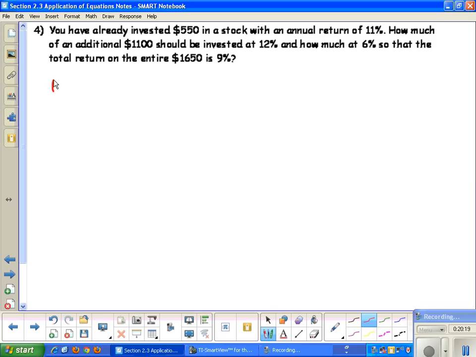So I'm going to let x be equal to the amount of money invested at 12%. Now for this, you could have let x equal the amount invested at 6%. It doesn't really matter, it just changes your answer by a little bit. But I picked 12% because that's what it said first in the problem.